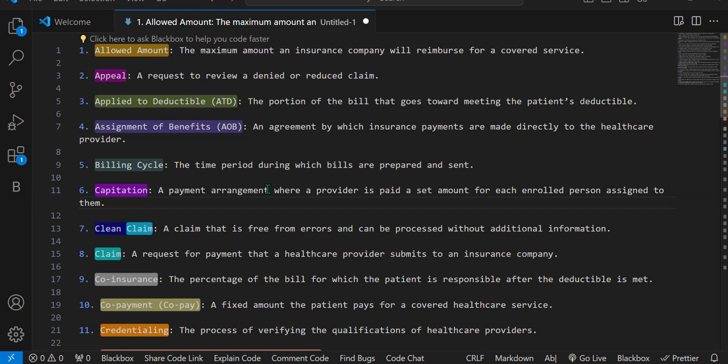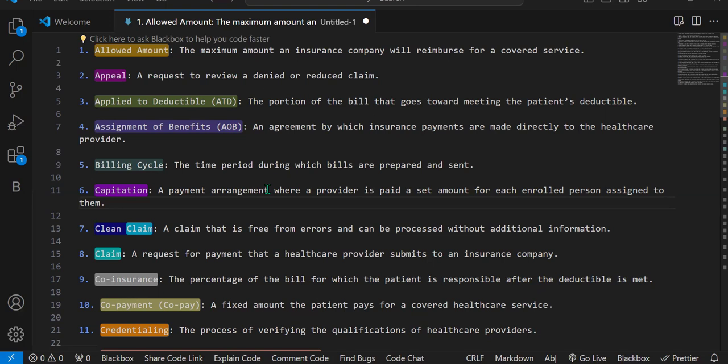For example, take $1,000. Only after meeting the $1,000 deductible from the patient's money, after crossing the deductible amount, then only it will go to the insurance company. Then only the insurance company will give you the amount.